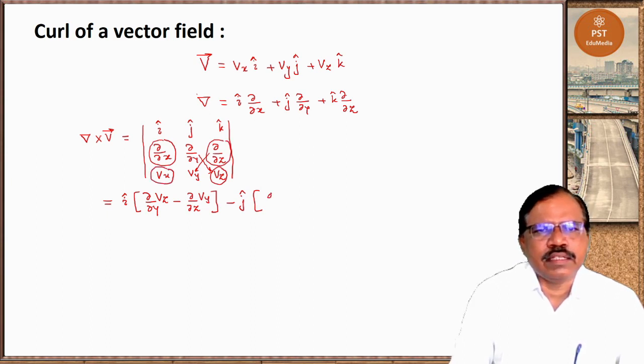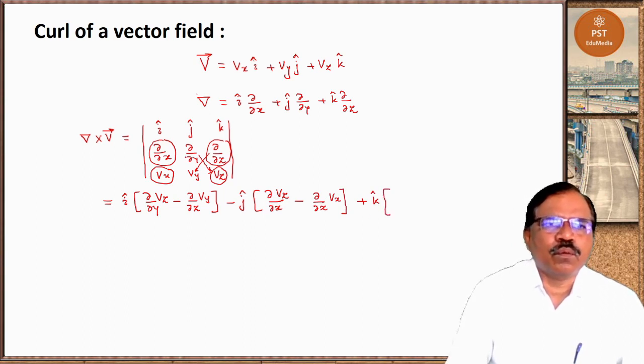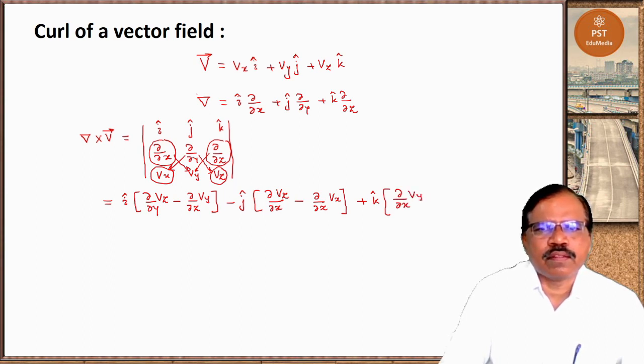So we write del by del x of Vz minus del by del z of Vx, plus k. Now we use these two and these two, so we get del by del x of Vy minus del by del y of Vx.